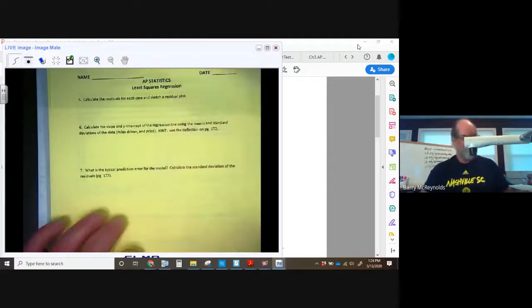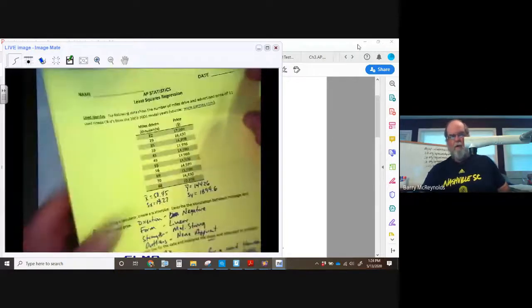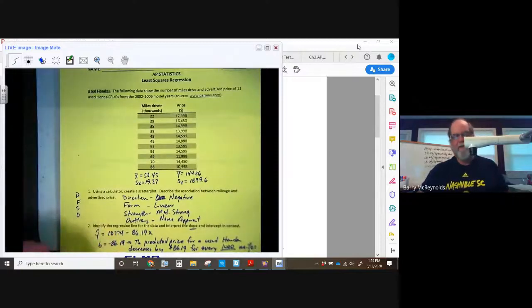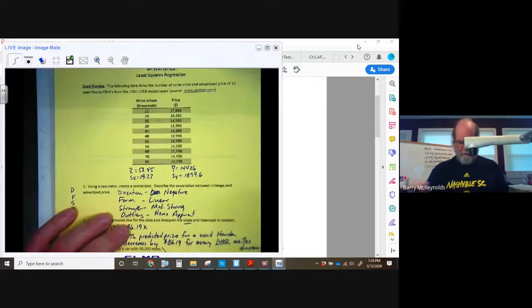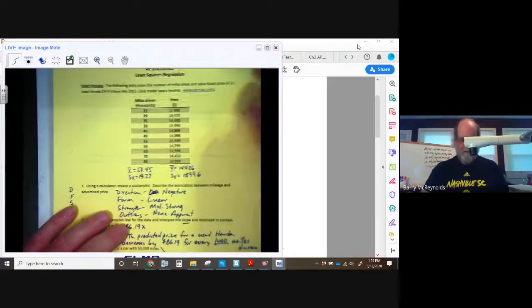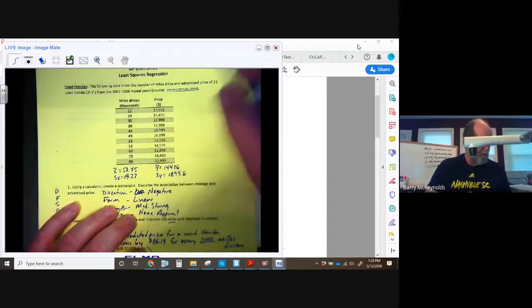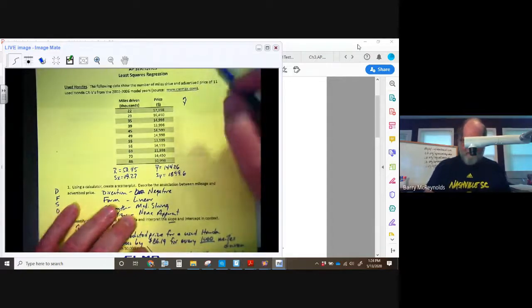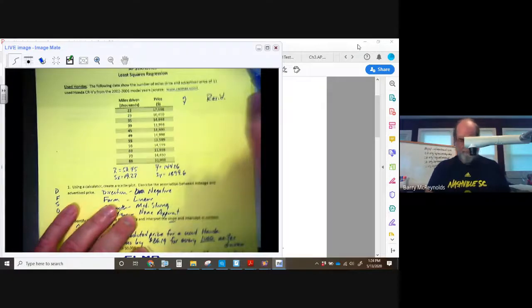Okay, so calculate the residuals in this case and sketch a residual plot. Well, again, my solution will show you how to use the calculator to sketch the residuals, but I'm really not going to do that here. I think it's more useful for us just to make use of this chart, and we'll create a column here that is y hat, and then we'll create another column that is the residual.